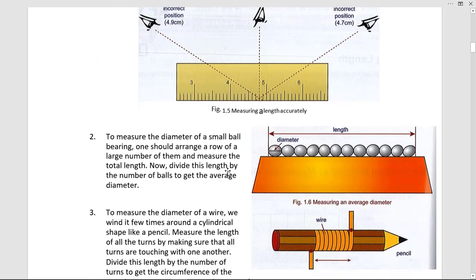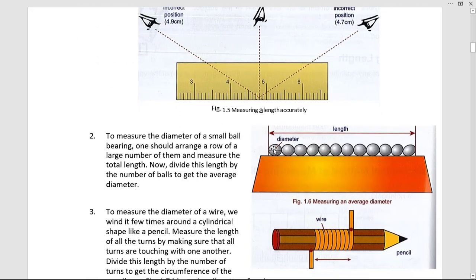Second thing, for example, you want to find the diameter of a small bead, or a lot of beads, but you need the diameter of only a single bead or ball. For that, it is very easy. Instead of finding the diameter of one, you just arrange them in this order in a line, at least 9 or 10.